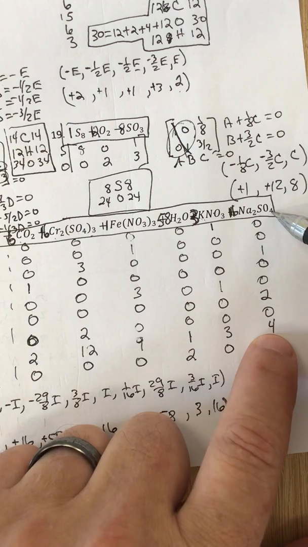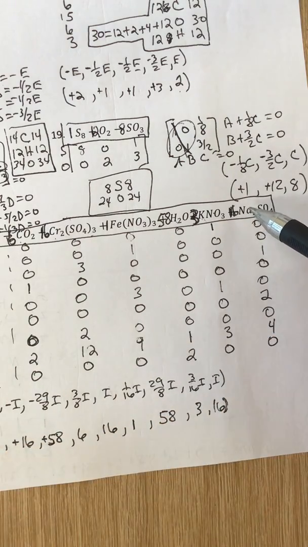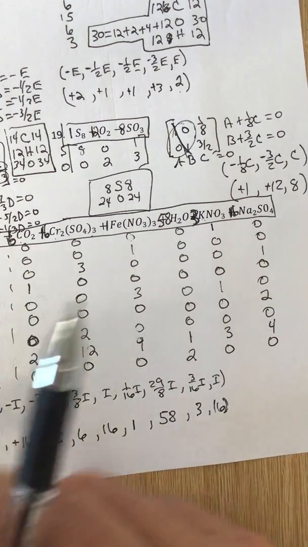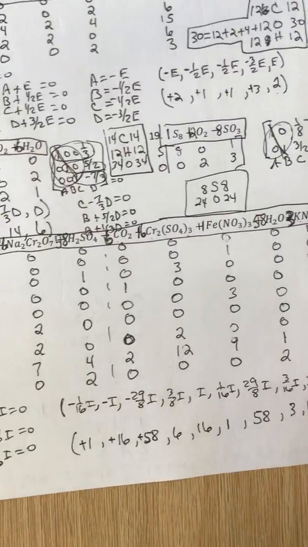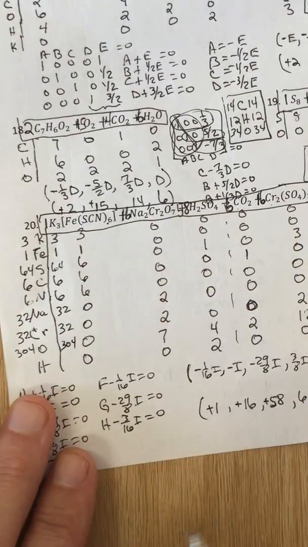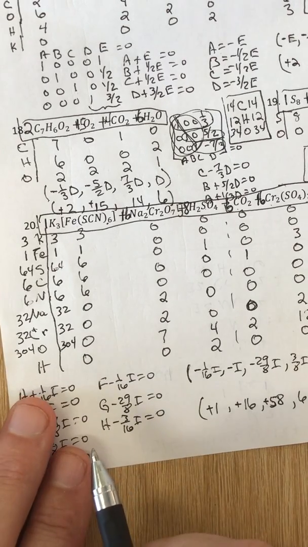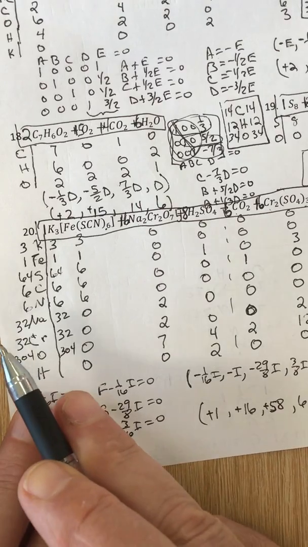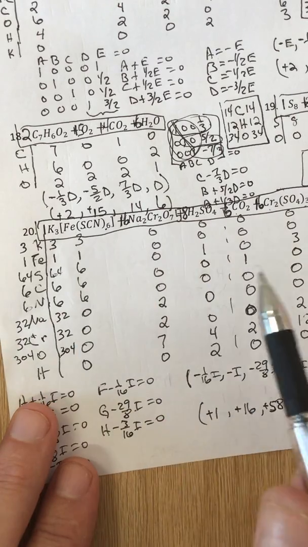And here's 4 of them 16 times, so 64 more. Add all that up. 304. Oxygens, I think that's 304. I'm going to go with that.